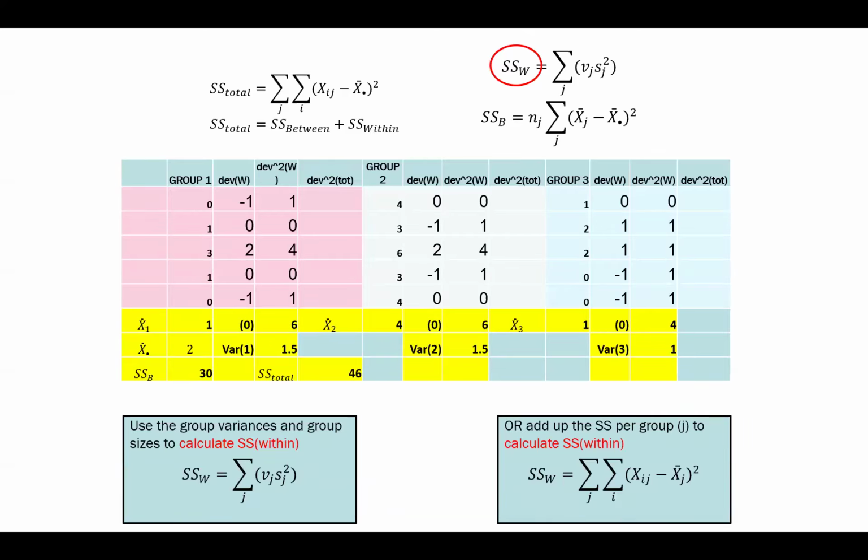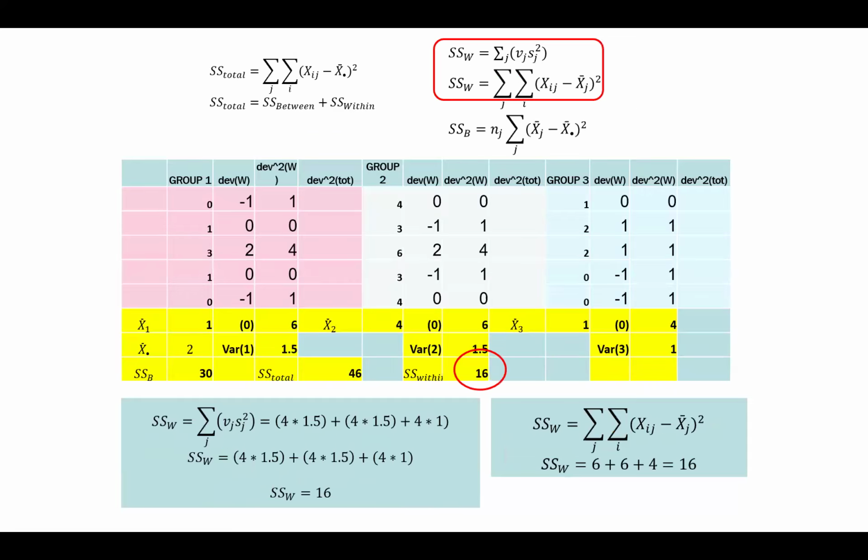And so on through the last group. The second formula would be the sum of each within group sum of the squares, which is the squared deviations within. For group 1, the sum of squared deviations within is 6. For group 2, it's 6. For group 3, it's 4.